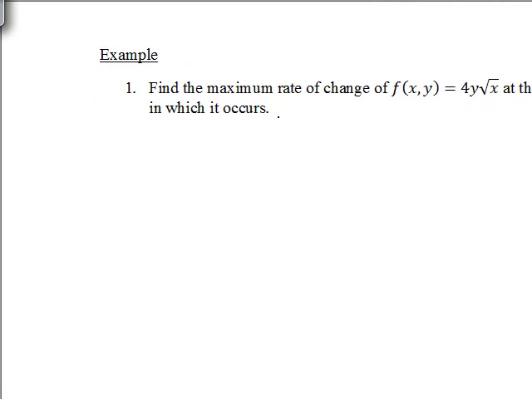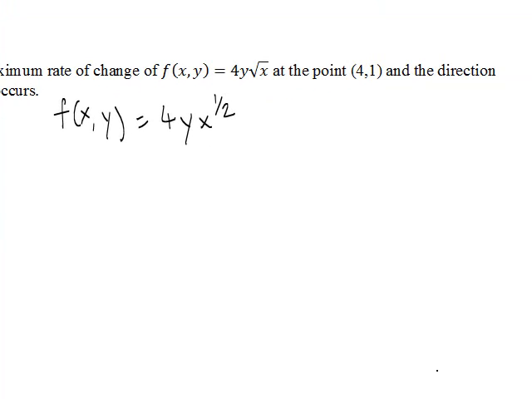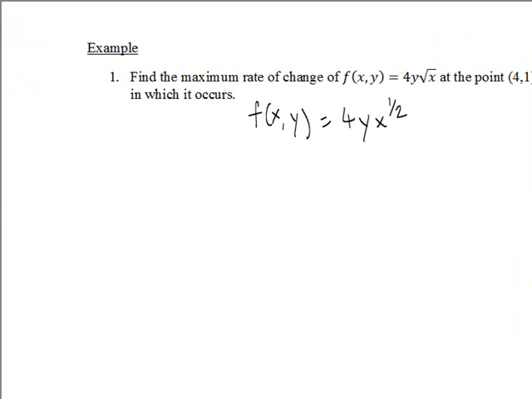Okay, so let's write f(x,y) as 4y x to the half, so that we can find the partials. Let's find the first partials at the point (4, 1).